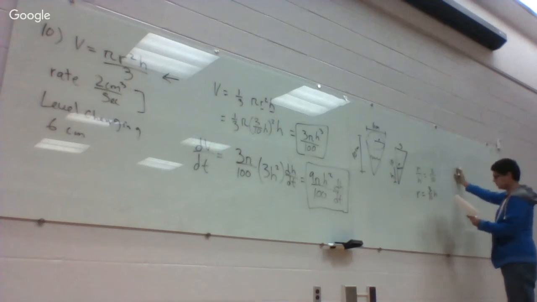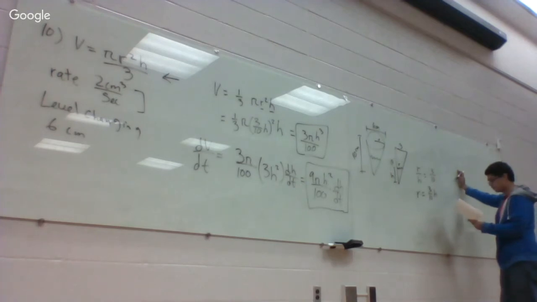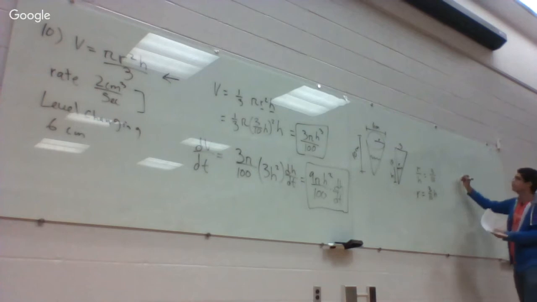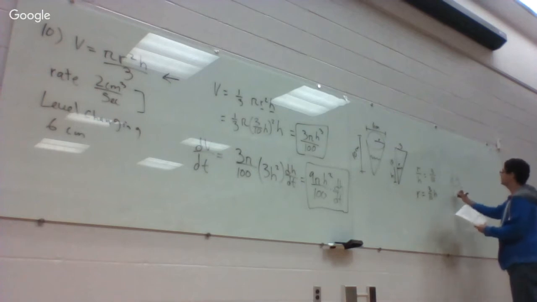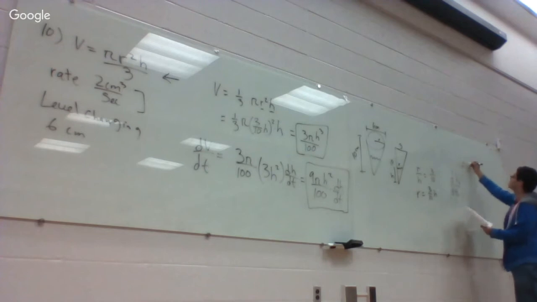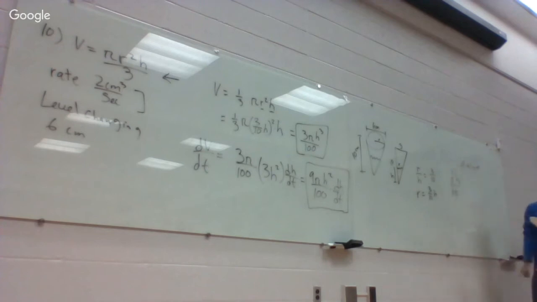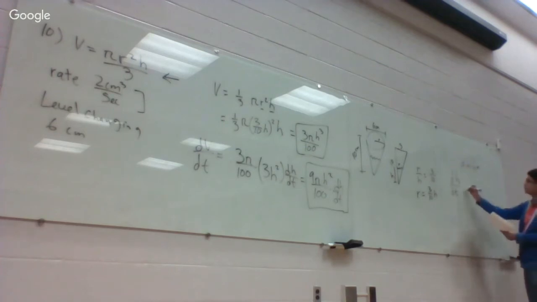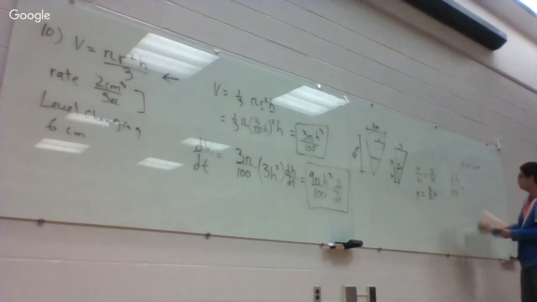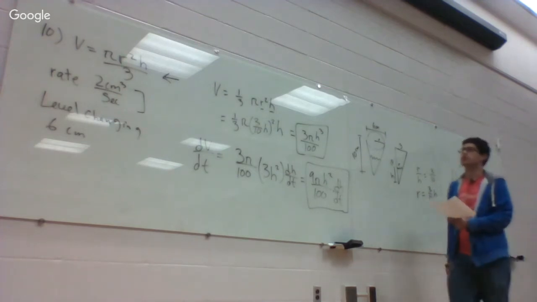So it's asking us to find, when the water level is 6 centimeters above the ground, the rate. Okay? So we need to find dh over dt at h equal to 6 centimeters. So just solving for dh dt, we have 100 over 9 pi. They told us the volume was changing at 2 centimeters cubed per second.